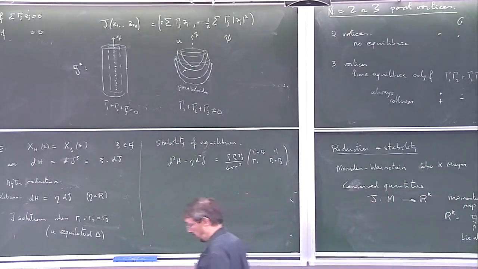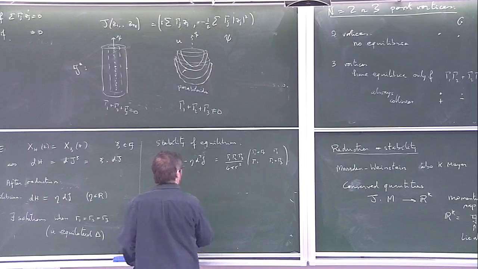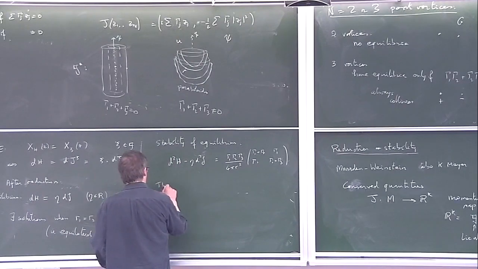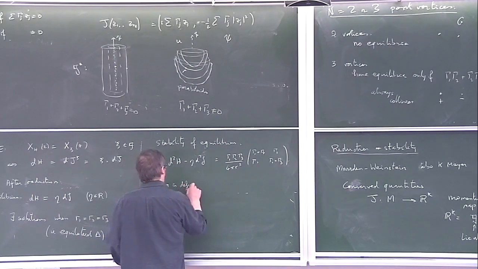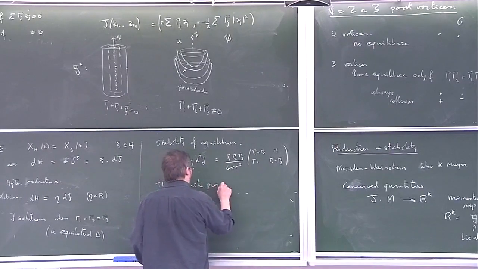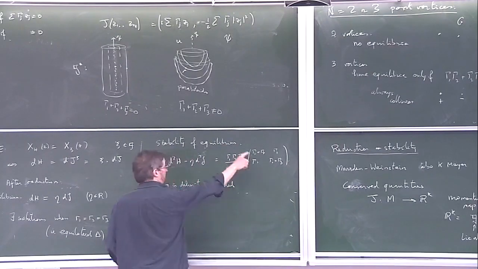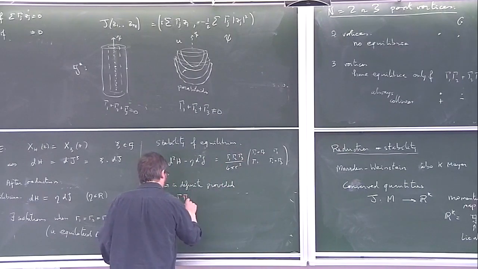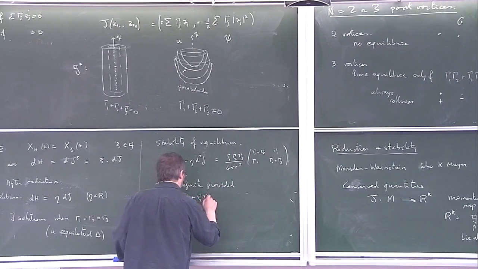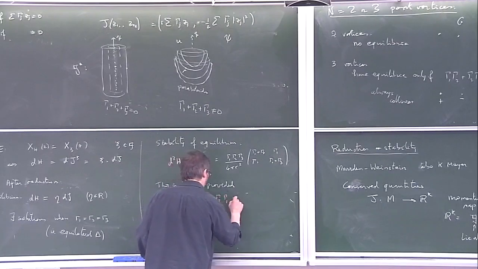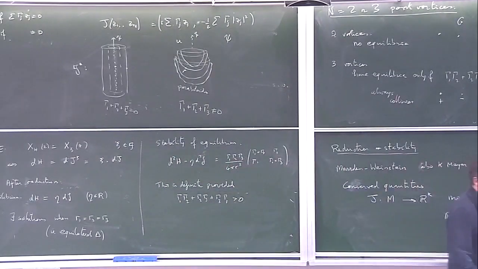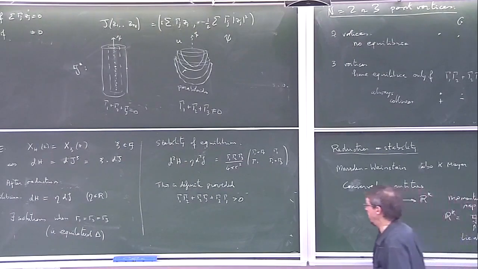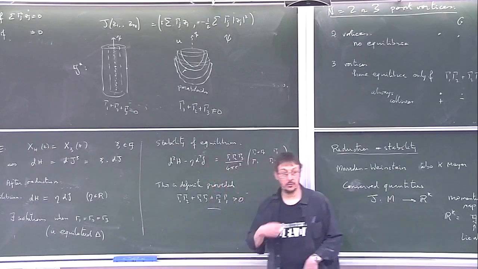So this is the quadratic form, and if you want stability, you want this quadratic form to be positive definite, or negative definite. So work it out. I think it was greater than 0. Yep. So that's how we prove stability.